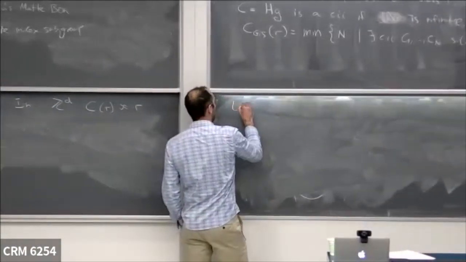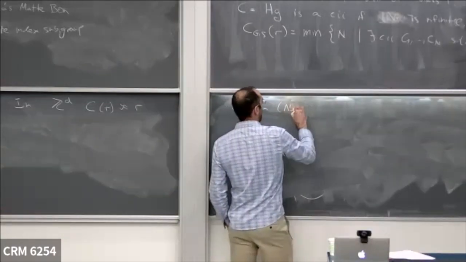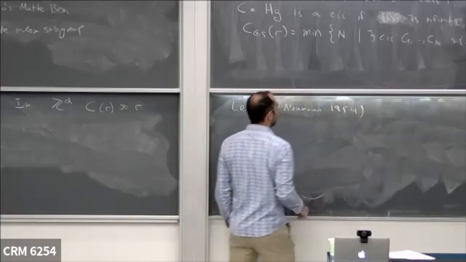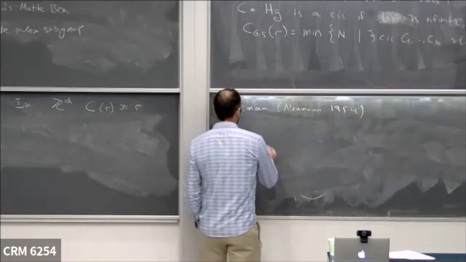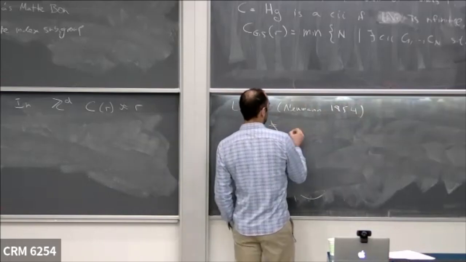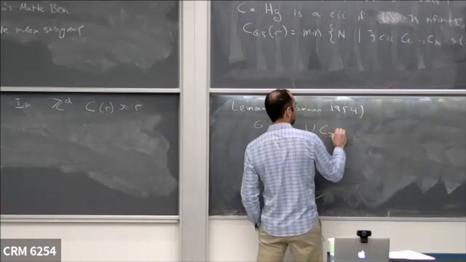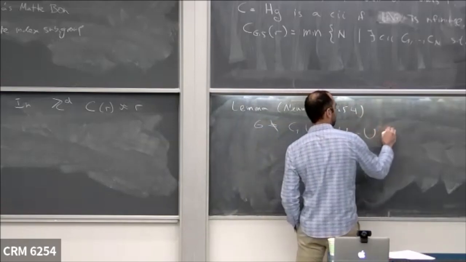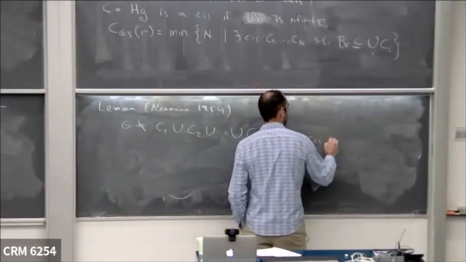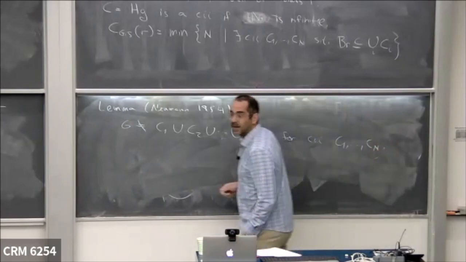So there's a lemma proved by Neumann in 1954 that says G is not equal to C1 union C2 union so on union Cn for cosets of infinite index C1 up to Cn.